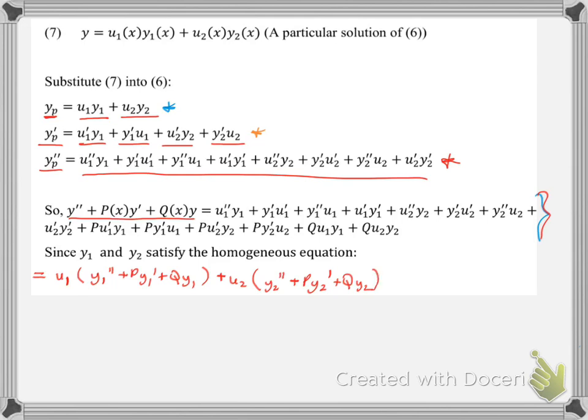Okay. And then we'll still be left with, let's see, plus u sub 1 prime y sub 1 prime plus u sub 1 prime y sub 1 prime, and I'm not putting them together for a reason, plus p u sub 1 prime y sub 1 plus u sub 1 double prime y sub 1 plus u sub 2 prime u sub 2 prime y sub 2 prime plus u sub 2 prime y sub 2 prime plus p u sub 2 prime y sub 2 plus u sub 2 double prime y sub 2.